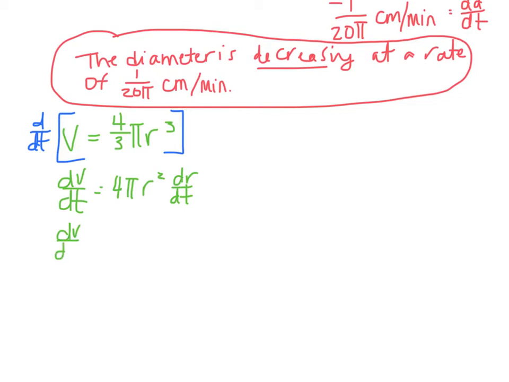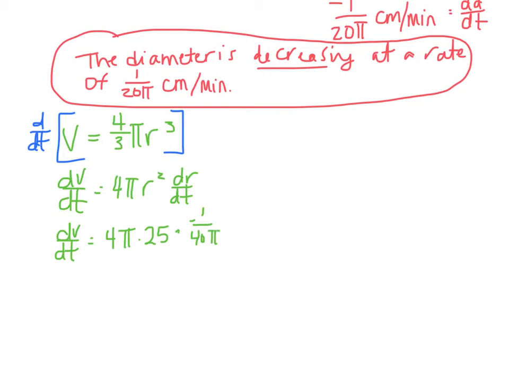Okay, dv dt is equal to 4 pi. My radius was given to me as 5. I go ahead and square that, and I'm going to have 25. And then dr dt I found to be, remember dr dt, not dd dt, the rate at which the radius was changing, negative 1 over 40 pi.